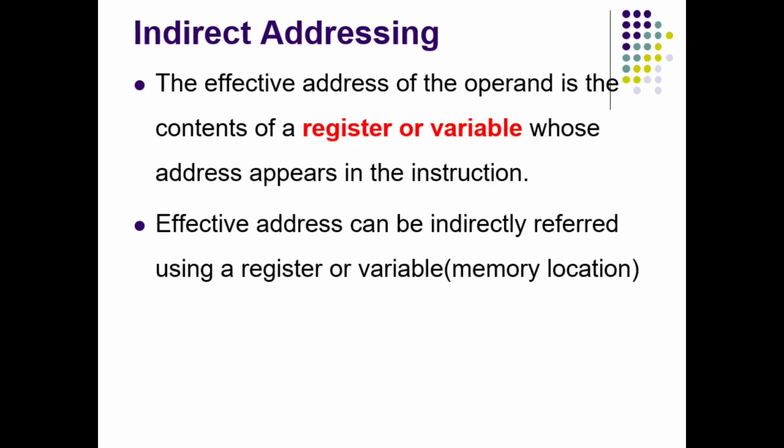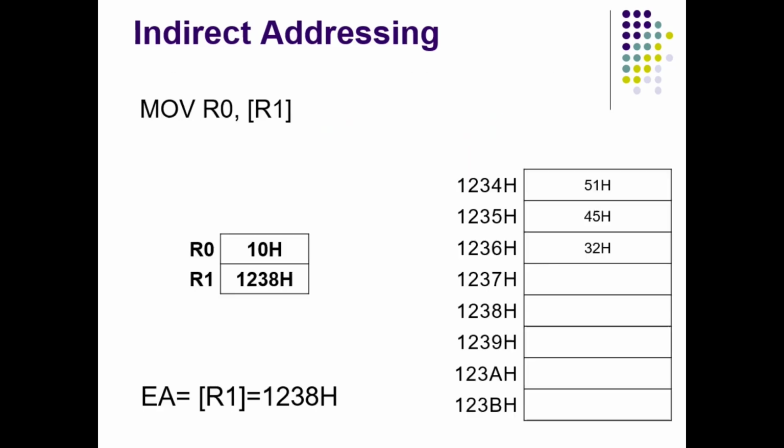So let me explain some examples and try to convince you how indirect addressing works. In this example of indirect addressing mode, I am using indirect addressing at the destination operand. My source operand is the R0 register. My destination operand is indirect addressing mode.